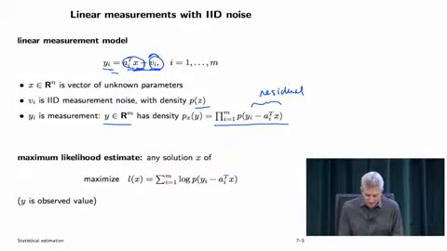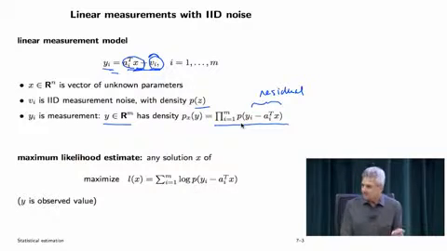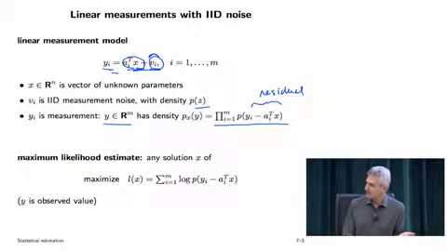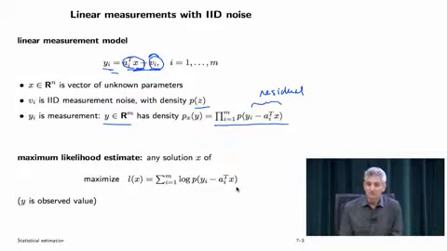Okay, so the maximum likelihood solution says here, if you want to estimate x by maximum likelihood, what you do is maximize the log of this product, but that's the sum, right? And this gives you a hint as to why the log is going to come up often. So you maximize the sum of the log of the density of the residual, okay?